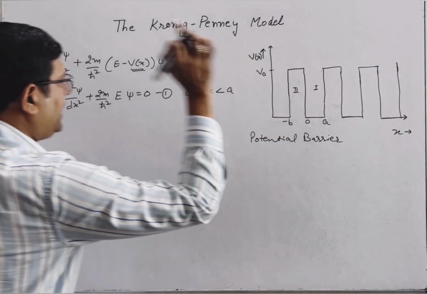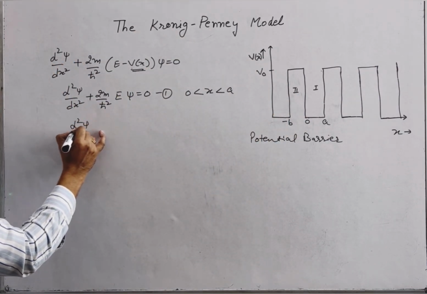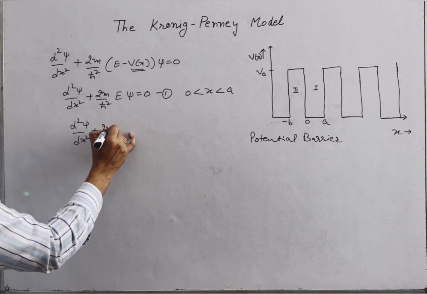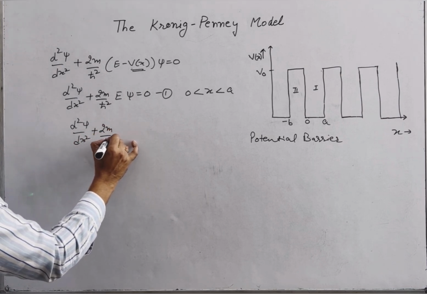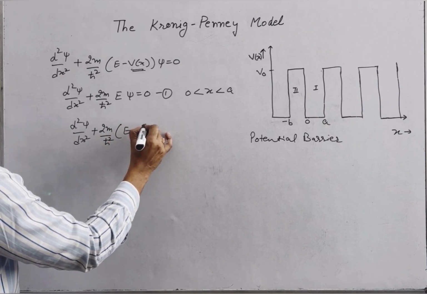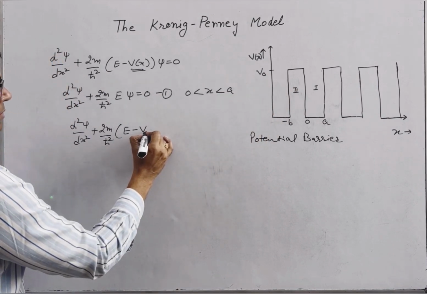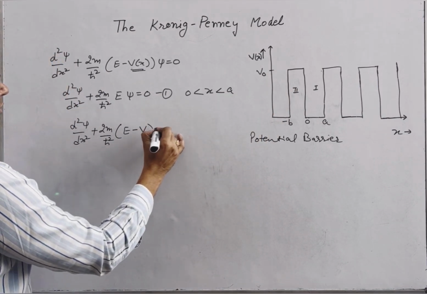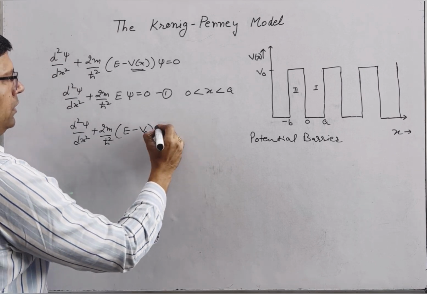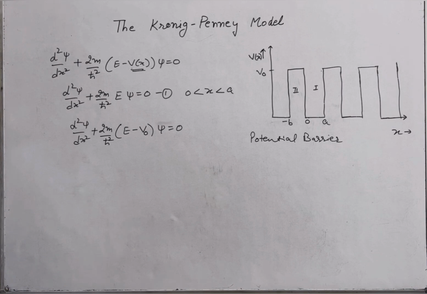And for region second, the Schrodinger equation will be d2 psi upon dx square plus 2m upon h cut square into E minus V(x), where V(x) is V0 here, the maximum potential V0, into psi equal to 0.